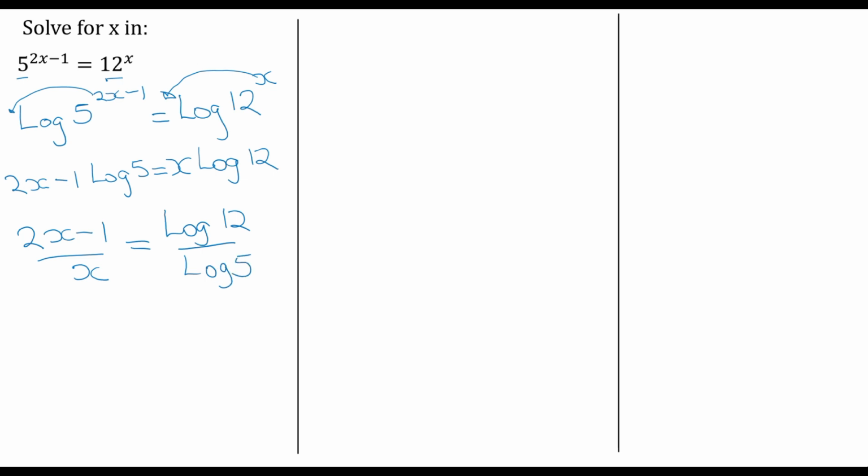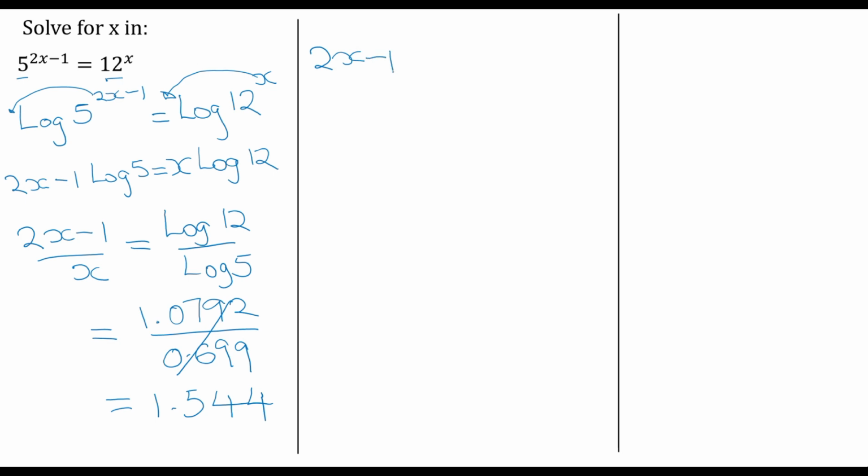So taking the right hand side, in this case, what you'll have is log of 12, you'll get 1.0792 over log of 5 gives you 0.699. When you divide these two, you end up with 1.544. Remember, these are approximations.